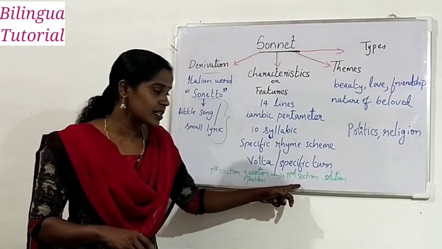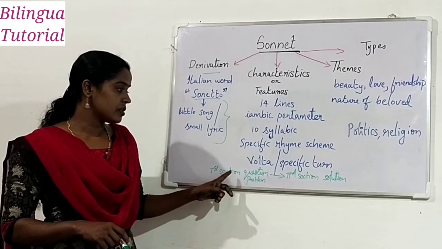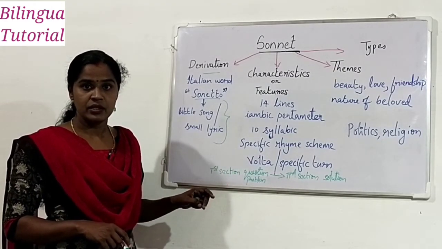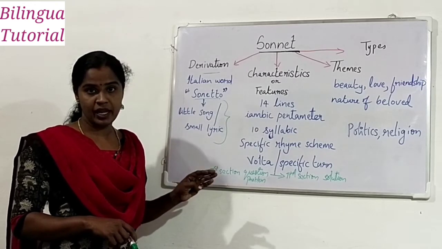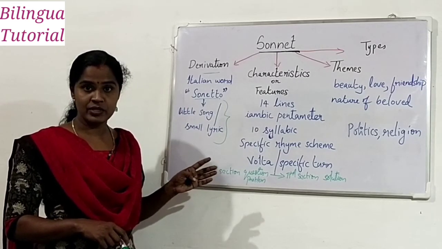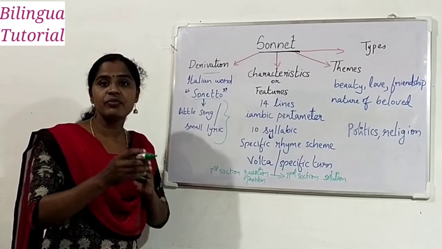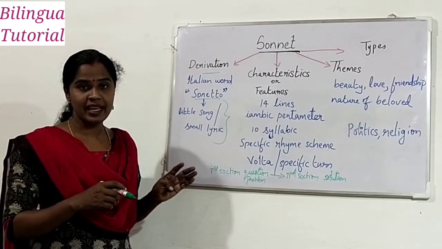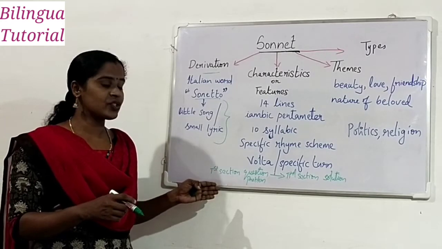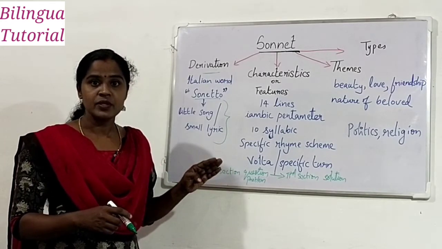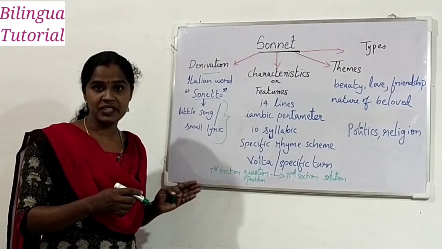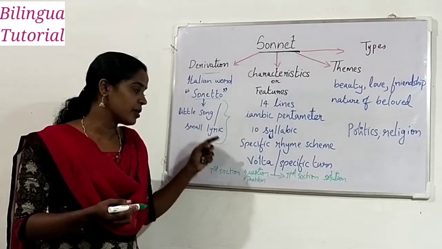Then the second section will be the solution for that problem or question, and that will be in simple language. So there will be a specific turn in the mood of the poem, and the mood will change from the first section to the second section. That turn or change of mood is said to be volta.